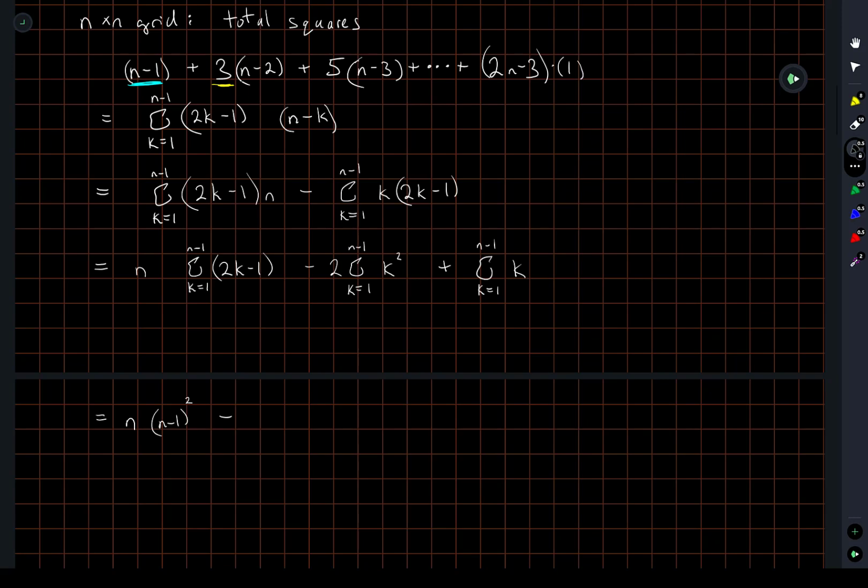What is the formula for the sum of squares? I know it's something that's cubic, which depends on the total number of terms. Is there an easy way of figuring that out? I know there's a formula for that for sure. Let me just keep it as minus 2 of whatever that sum is.